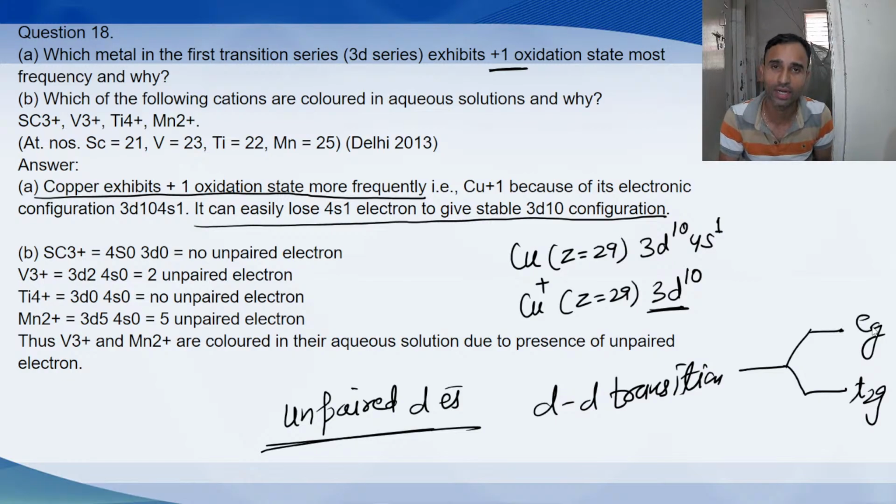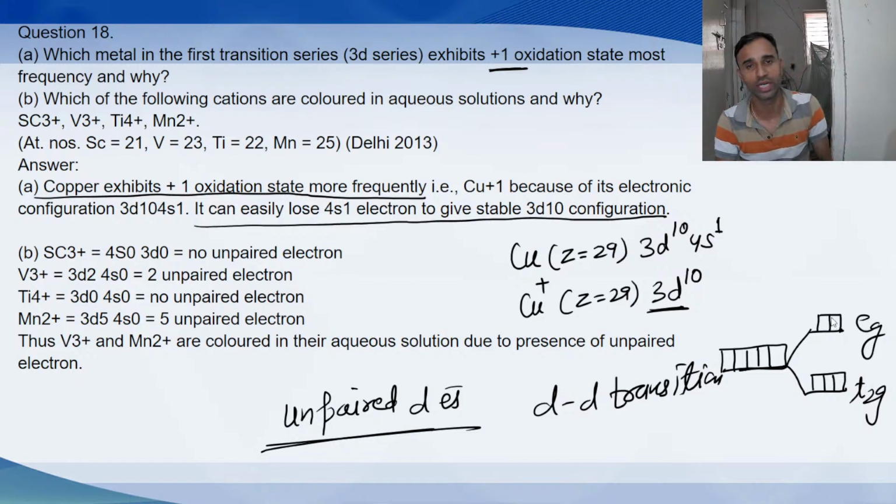In an octahedral complex, the d orbital splits into two parts, that is t2g and eg. Degeneracy is removed, t2g is triply degenerate, eg is doubly degenerate. And if there are unpaired electrons, there is d-d transition that takes place in the visible region, and that's why we can see the complementary color.